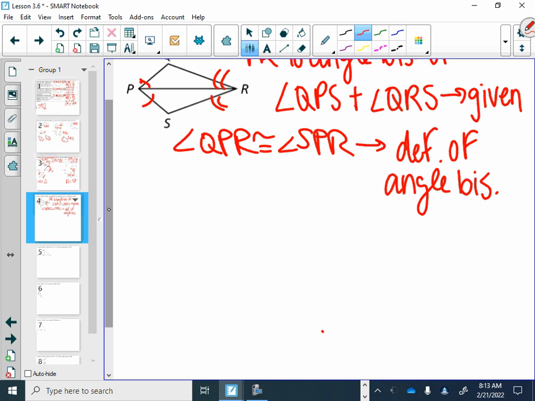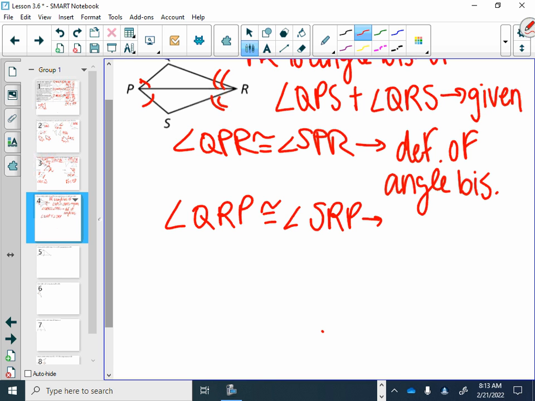If I name this one QRP, because remember the vertex has to be in the middle, how do I name the other one? SRP. Those angles are congruent by the exact same thing, definition of angle bisector.